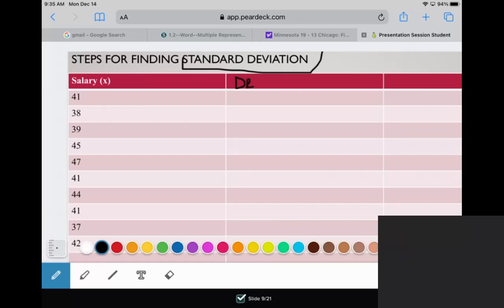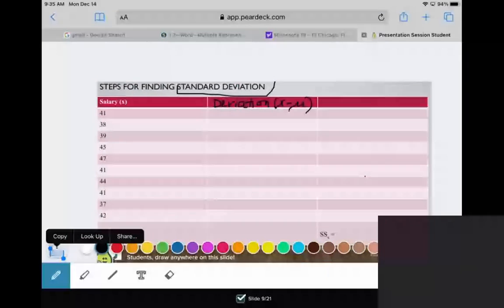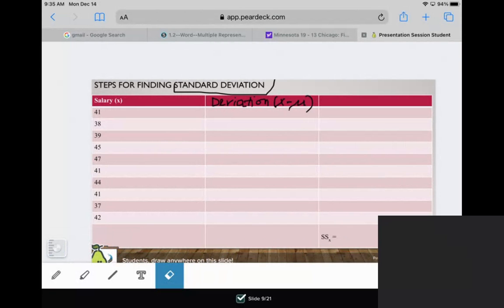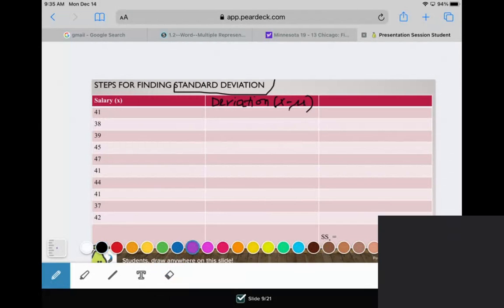I'm gonna wait and have you take a minute to copy this down. Or if you are using the paired act, that is fine. The second column is the deviation, which is x minus the mean. And then the last column is that we're gonna square whatever we found in here. So we're gonna square the deviation.